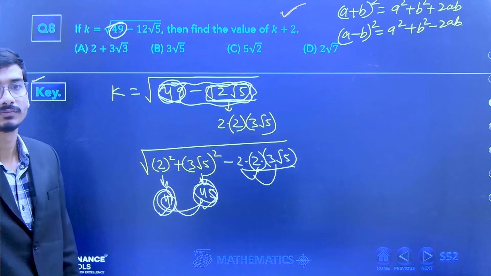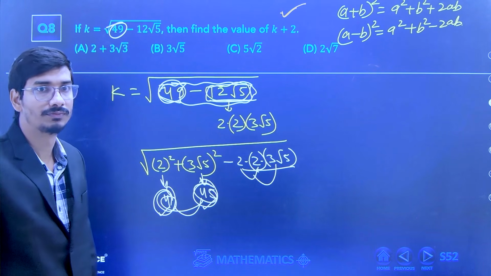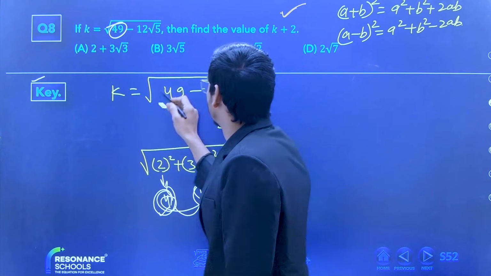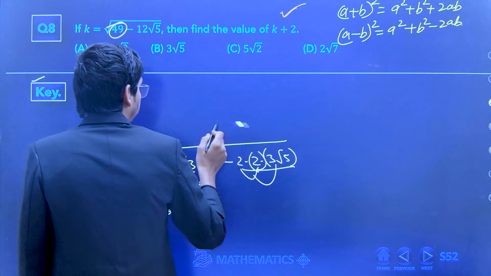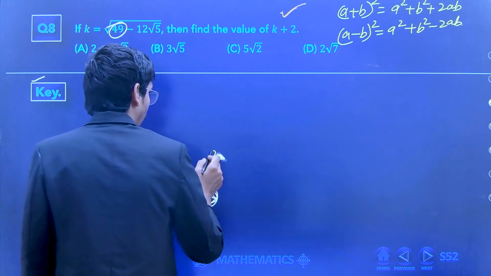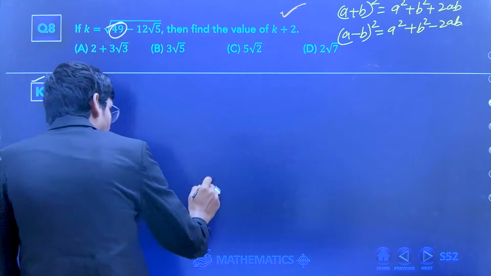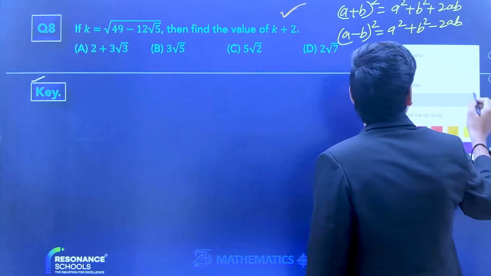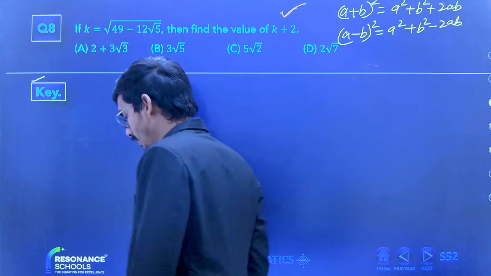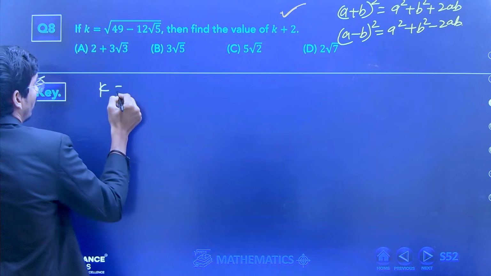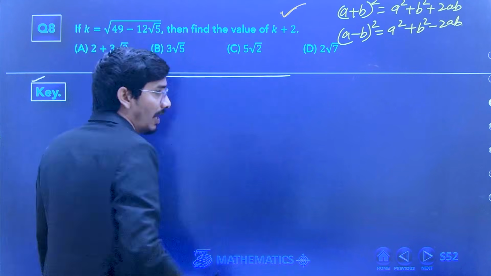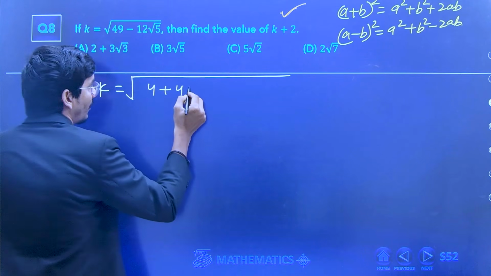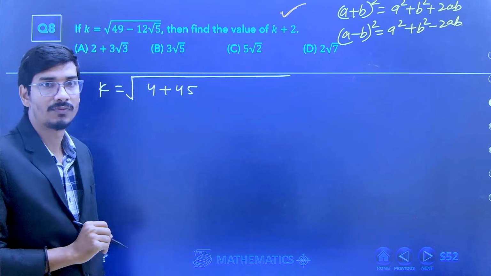Correct? Try to understand, beta. Listen, I'm writing 49 as 4 plus 45. 4 plus 45.